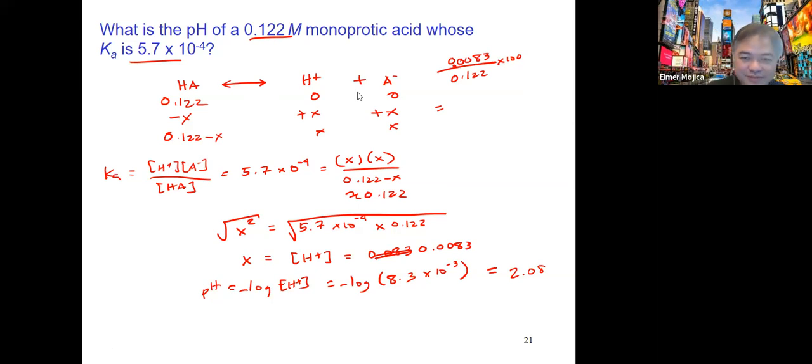It is 6.8%, so it's a little bit higher than 5%.